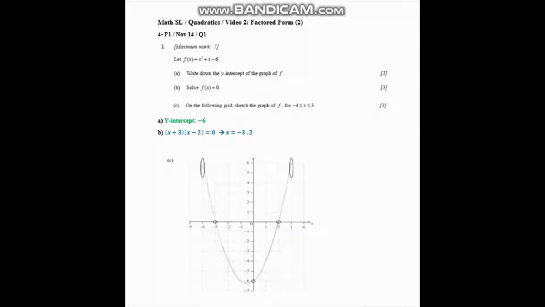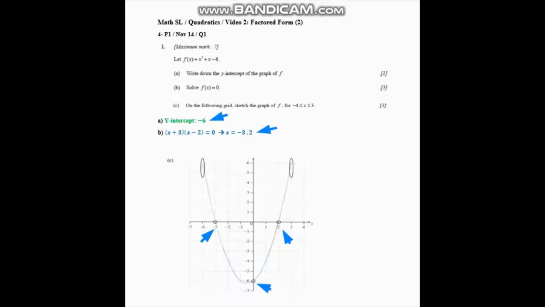Next, we are required to sketch the graph of f. So this is the mark scheme version of the graph, and you should know that I have to circle the x-intercepts, which are negative 3 and 2, and they have to be based correctly on my answers. I have to circle the y-intercept, which is negative 6.